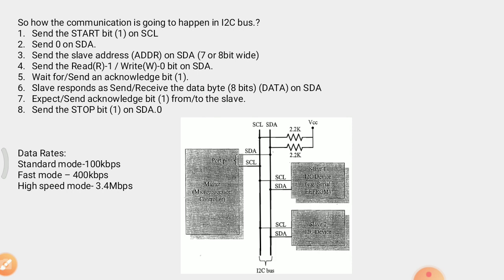So this is how a communication is going to be initiated and the data is going to be transferred between the two devices. The data rates are standard mode 100 kbps, fast mode 400 kilobits per second, and high speed mode 3.4 megabits per second.